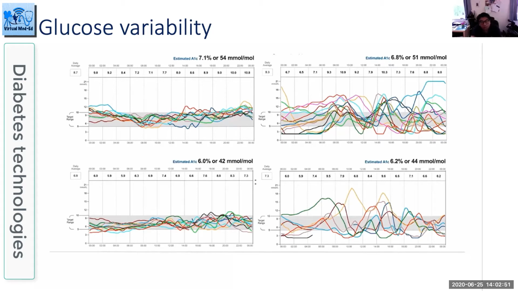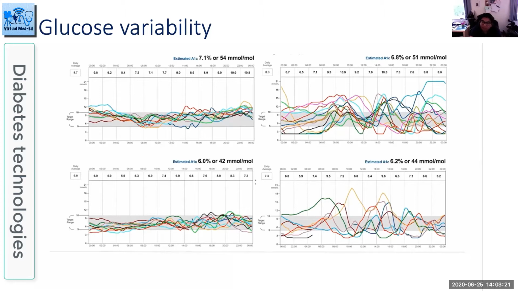So what I wanted to use these graphs for is to illustrate the point that if you look at both the top 2 graphs on the right and the left, both these patients have almost the same HbA1c, fairly good HbA1c in fact. But if you look at the top left-hand corner, very good variability, very narrow variability for that matter, very marginal days where there are small episodes of minor hypoglycemia. So that HbA1c in that respect is very, very safe.